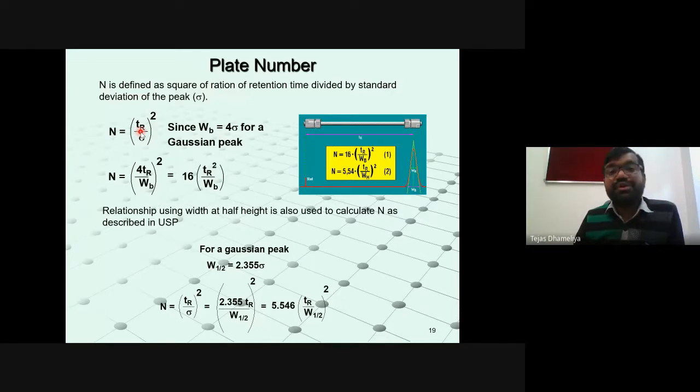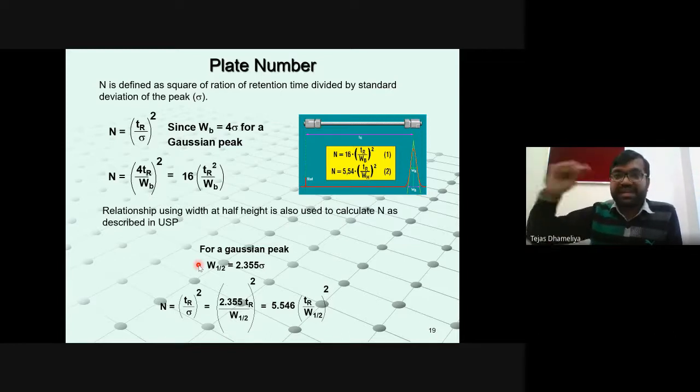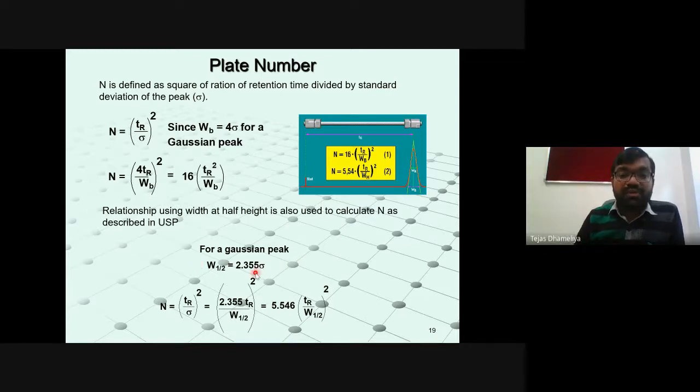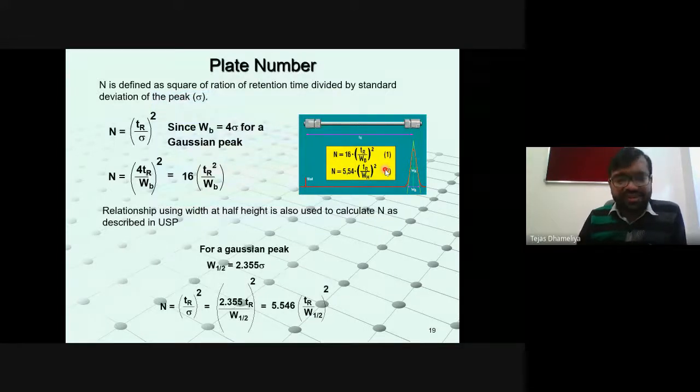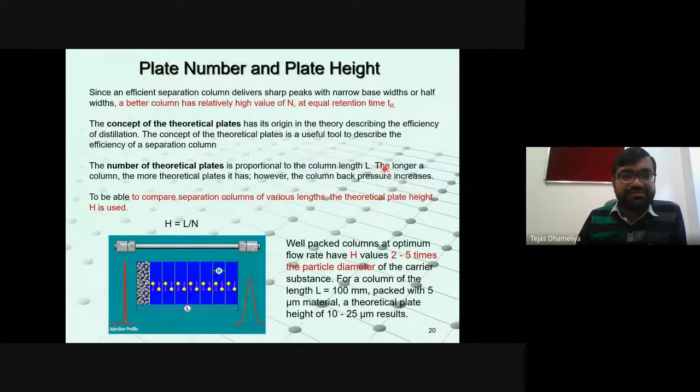If we consider W is equal to 4 sigma, then the formula becomes 16 times retention time divided by WB square. Generally for a Gaussian peak, the peak width at half of the peak height, W half, is equal to 2.355 into sigma. If you put this in place of sigma in the equation, you get the formula 5.54. This way, with both equations shown on the last slide, we can calculate the plate numbers.